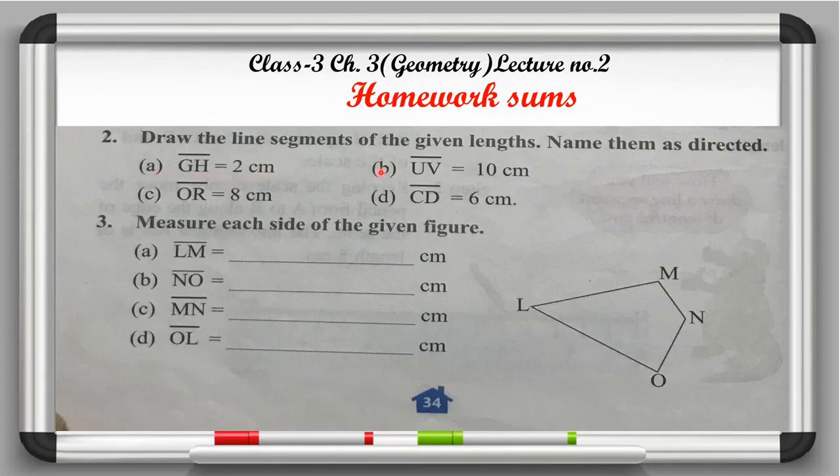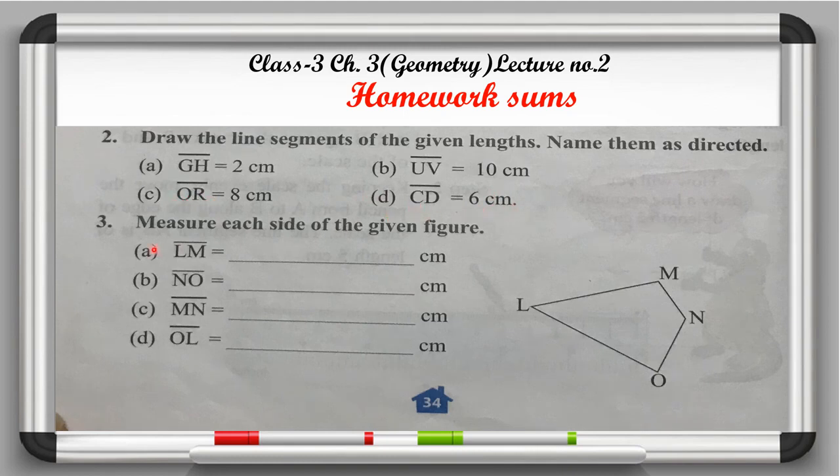Okay. And in B part, it is given UV as the name of the line segment, and you have to draw 10 centimeters length. Now in C part, again you have to draw a length of 8 centimeters, and the name of that line segment is OR. And in D part, the line segment length is 6 centimeters and you have to give the name CD.